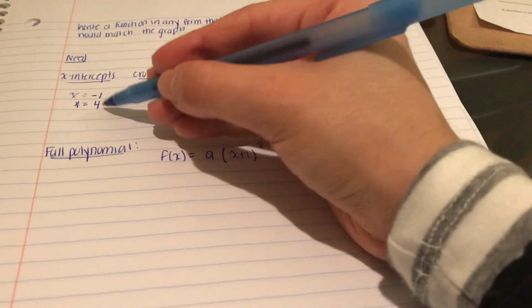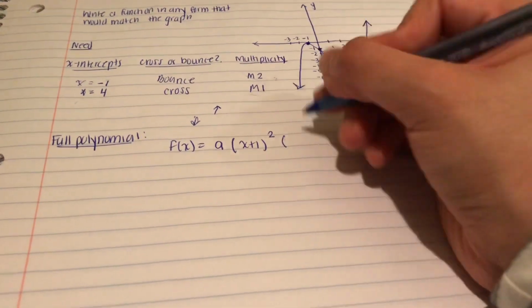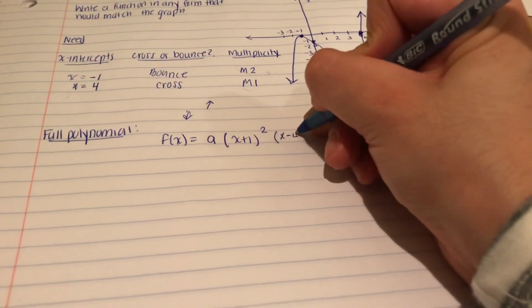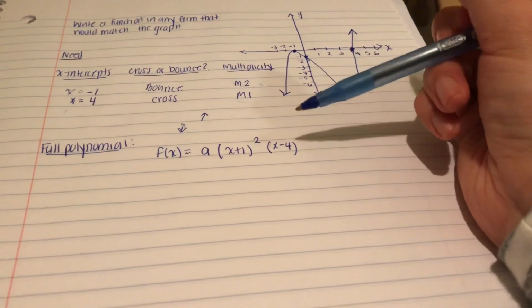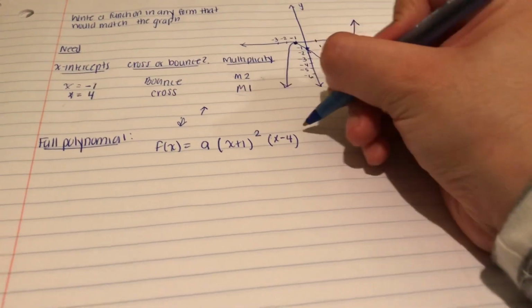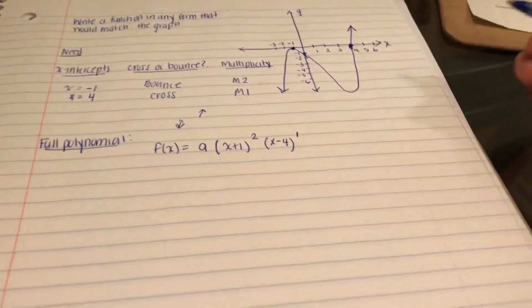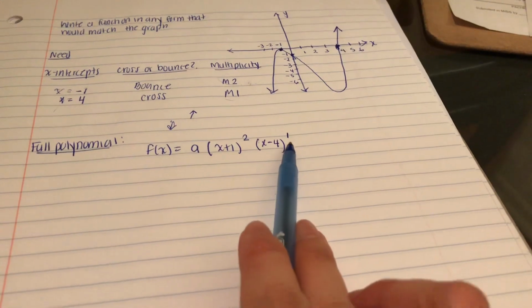Now the second root is at x equals 4, so my next factor will be x minus 4. Don't forget 4 and minus 4 are opposite signs. So that has a multiplicity of 1, so that factor gets a power of 1. So I have x plus 1 to the power 2, x minus 4 to the power 1.